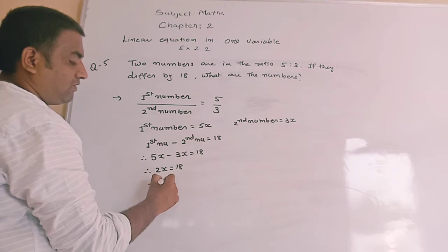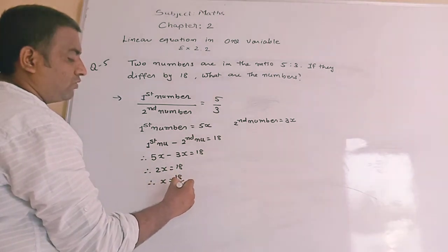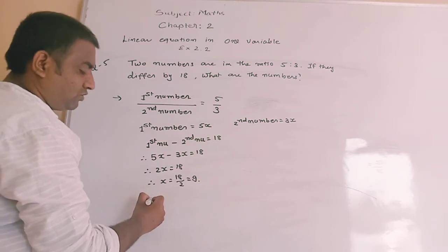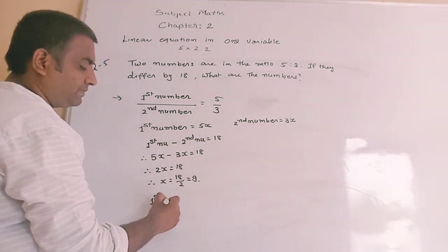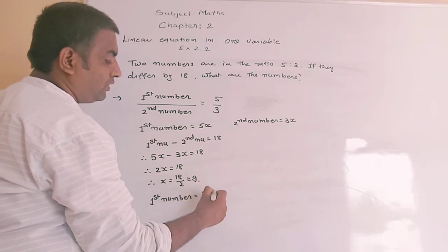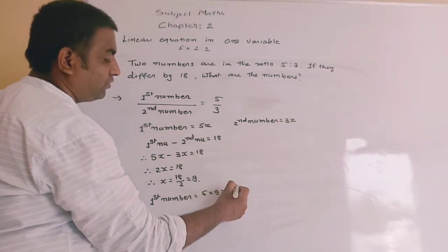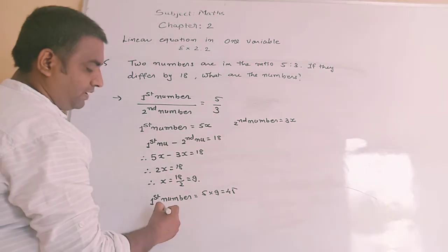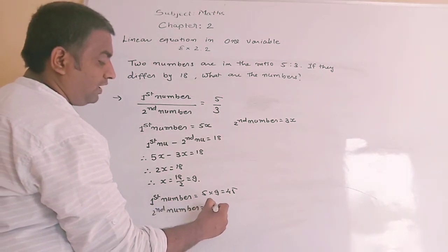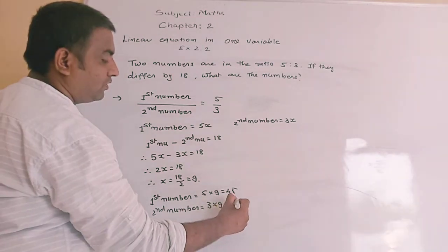So x equals 18 divided by 2, that is 9. So first number will be 5 into 9, 45. And second number will be 3 into 9, 27.